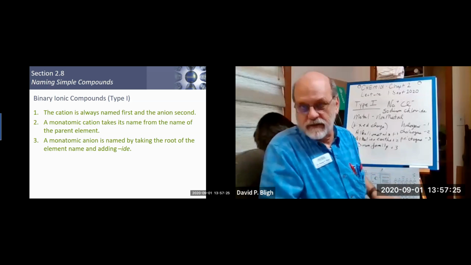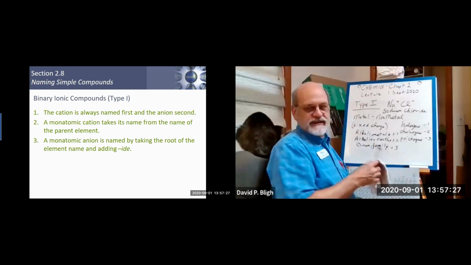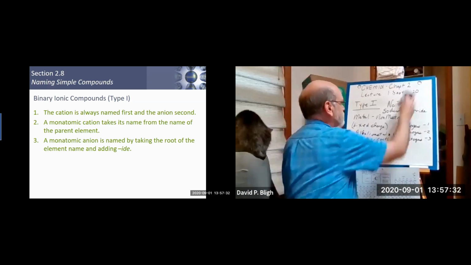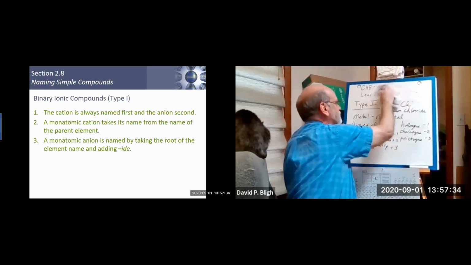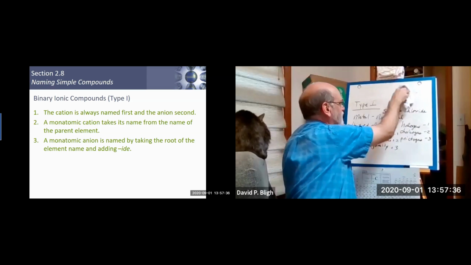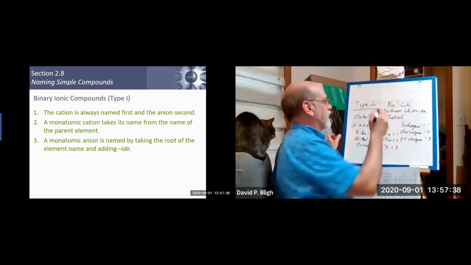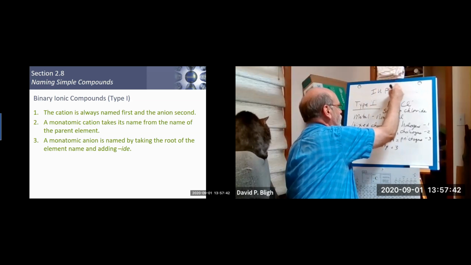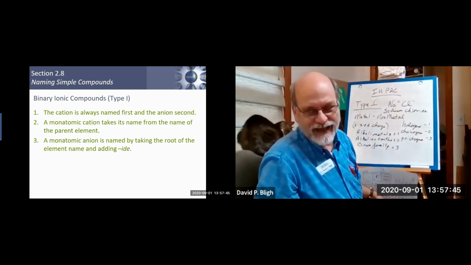Now, who decides? Who gets to decide what the naming convention is? Well, that's a group, actually. And they go by this acronym, IUPAC.